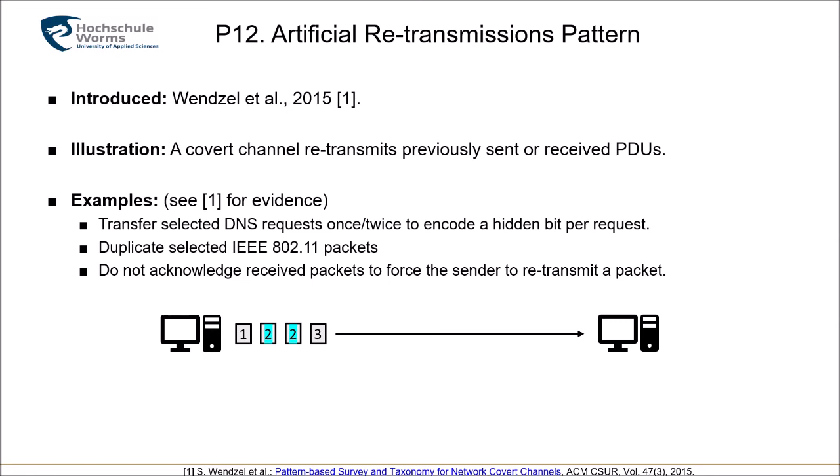So a sender could artificially send such a message, a DNS request, twice to indicate some hidden bit. One could also duplicate other frames, or one could simply not acknowledge a received packet to force the sender to retransmit a packet. That is also imaginable.